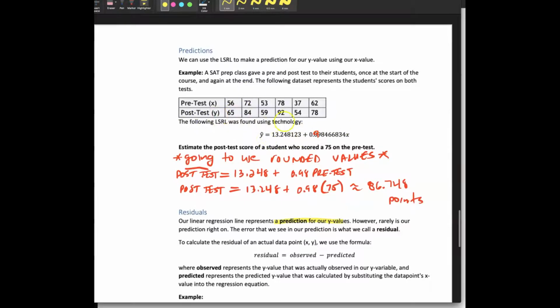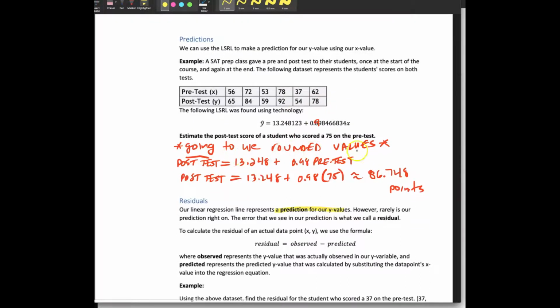Here is an equation from the data. There was a typo here, so it's 0.9846. And so we have an equation, a relationship between those variables. And I'm using rounded values here. So what would our estimate or prediction be for a student who scored 75 on the pre-test?